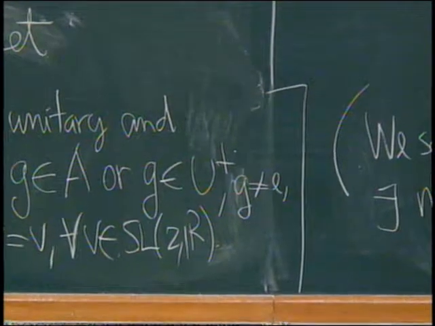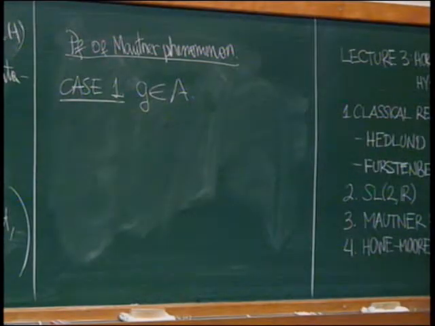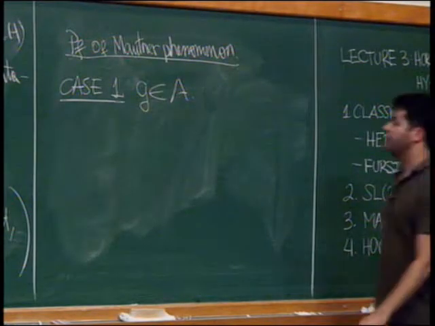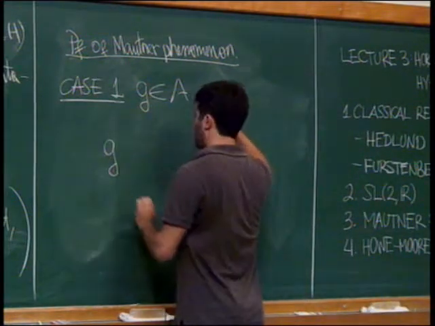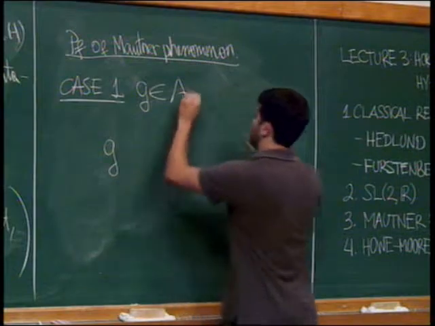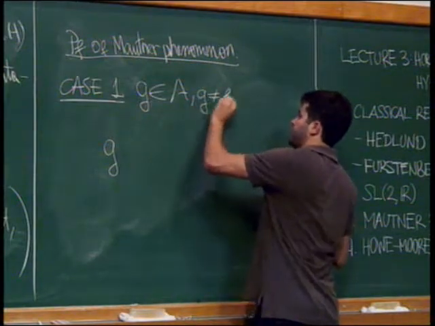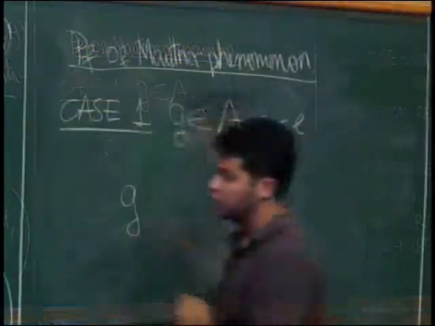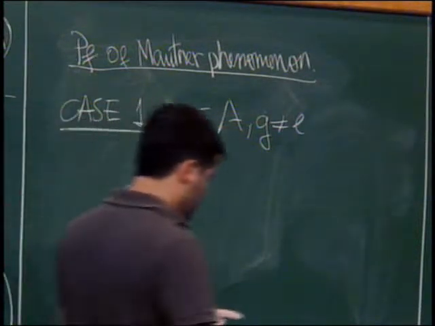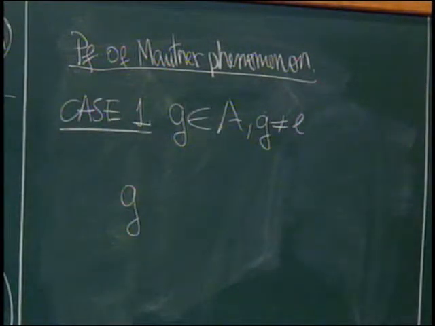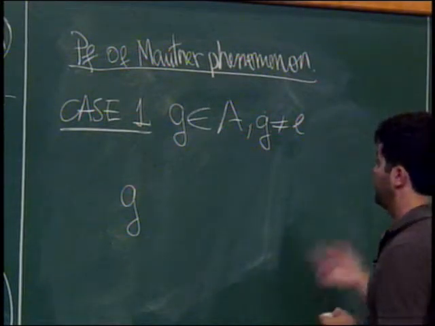So what does it mean for the geodesic flow to renormalize the horocycle flow? It means the following: if you consider this element of A, and you are assuming that it's different from the identity, it should be something like lambda, 0, 0, lambda minus 1, where lambda is different from 1. So let's assume that lambda is bigger than 1.